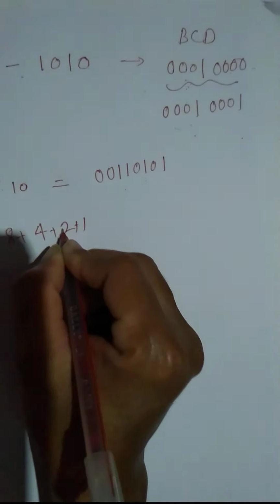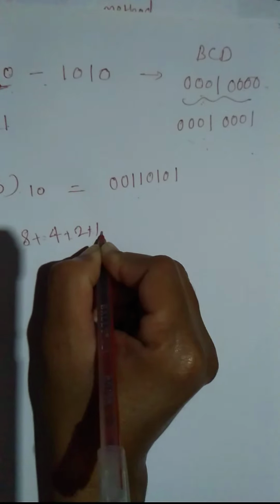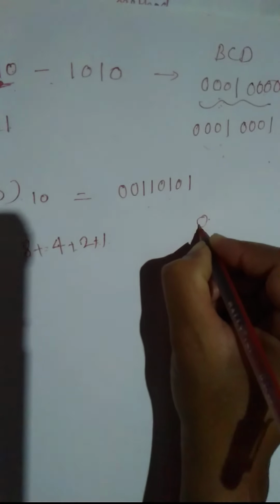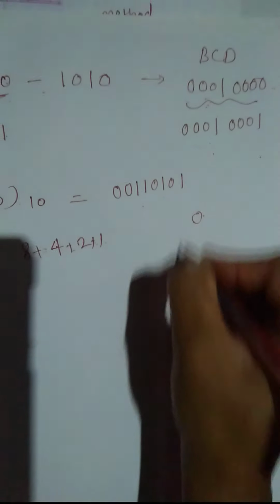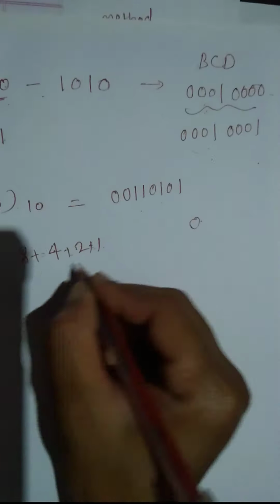For each position a weight is assigned, and that is known as a weighted code. For the number 0, instead of decimal to binary conversion, by this 8421 we represent it as 0000.